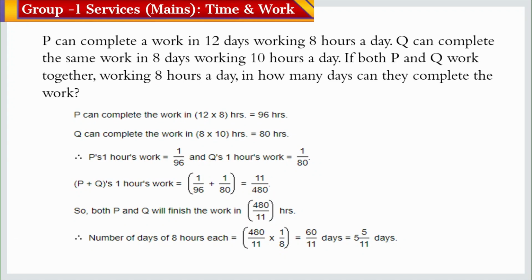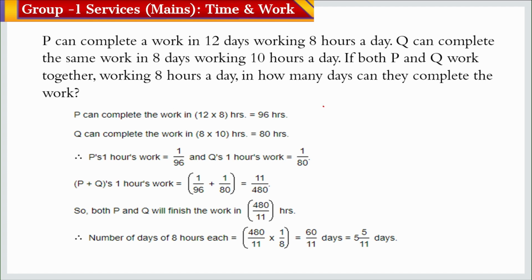P can complete a work in 12 days, working 8 hours per day. Q can complete the same work in 8 days, working 10 hours per day. If both P and Q work together, working 8 hours a day, in how many days can they complete the work? Okay.